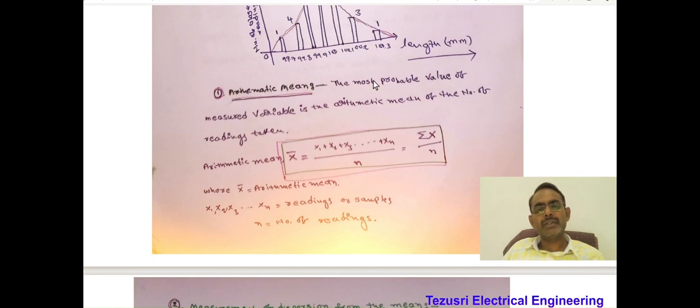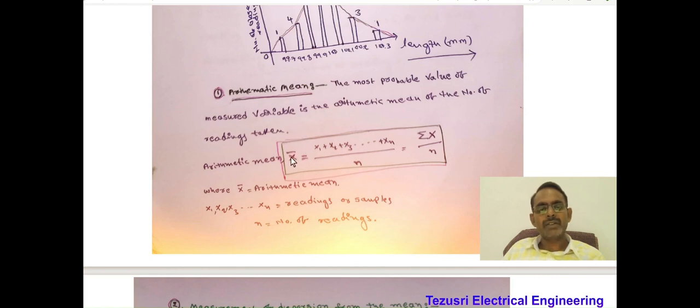From the above histogram or frequency distribution curves, we have to calculate, number one, arithmetic mean. The most probable value of measured variable is the arithmetic mean of the number of readings taken.